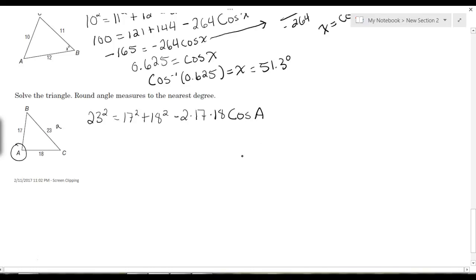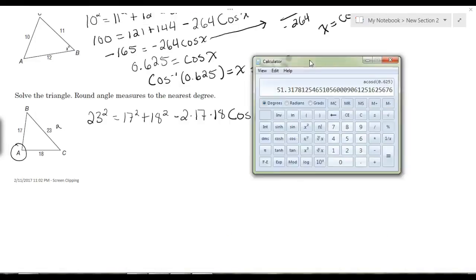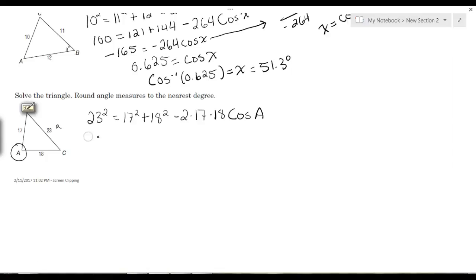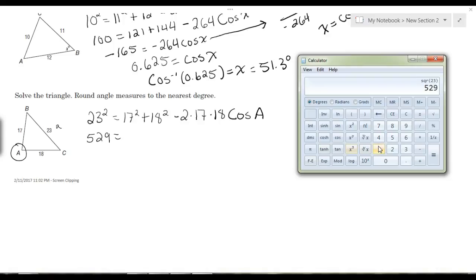So now let's do a bunch of math. 23 squared equals 529. I'm going to go ahead and write that down. 529 equals 17 squared is 289.